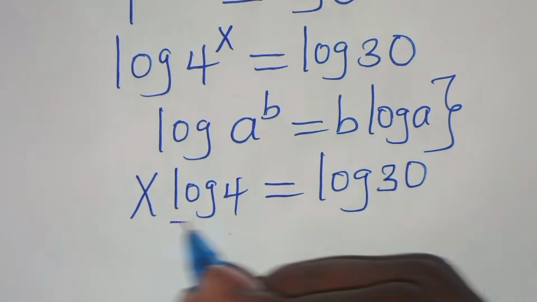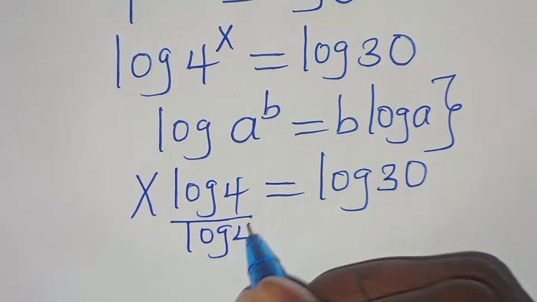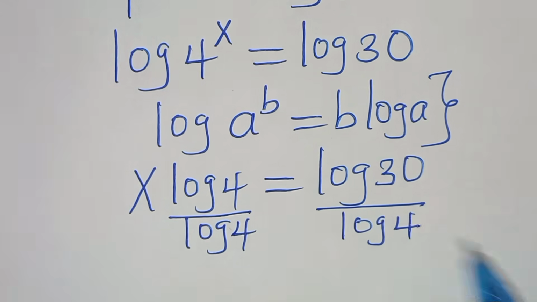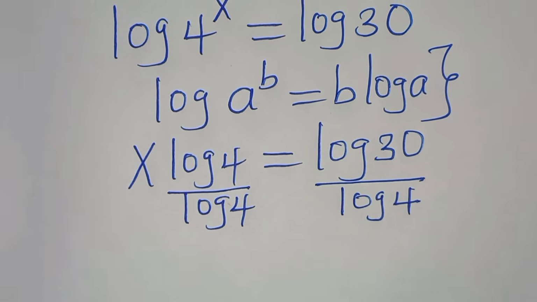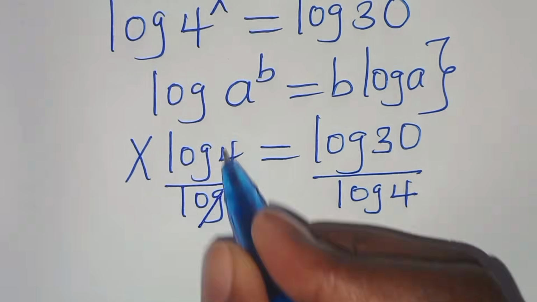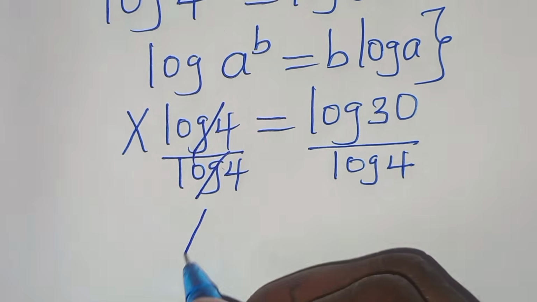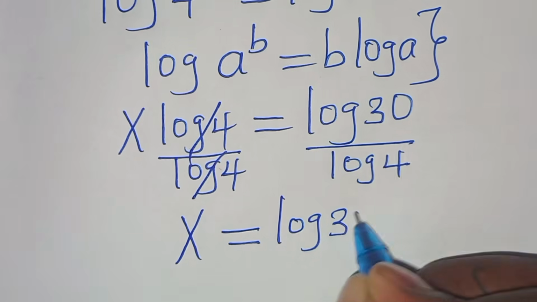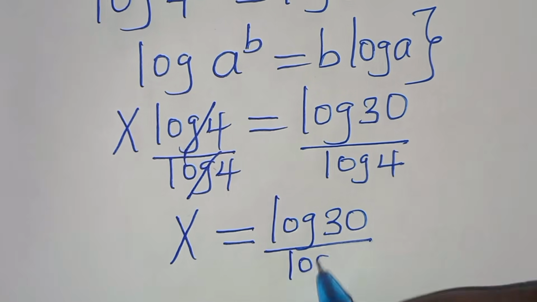So let's divide both sides by log 4, and also here we have log 4. Now we can simplify log 4 and log 4, so that x is equal to log 30 divided by log 4.